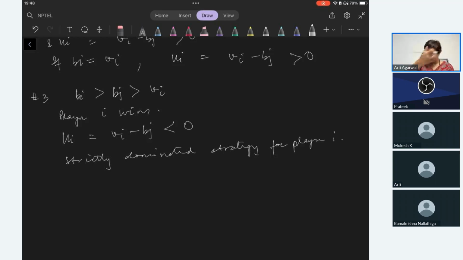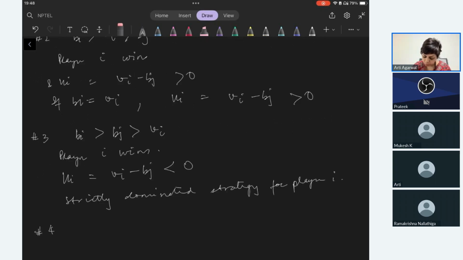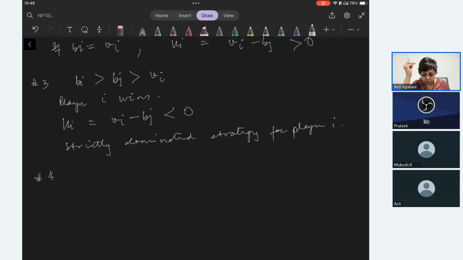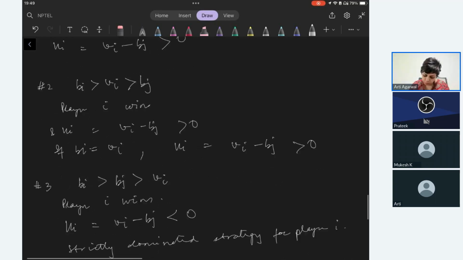And there can be one more case, but it doesn't make a huge difference, where bi is greater than, no wait a minute, not this. It was just there in my head, I forgot. vi is greater than bi we have considered.